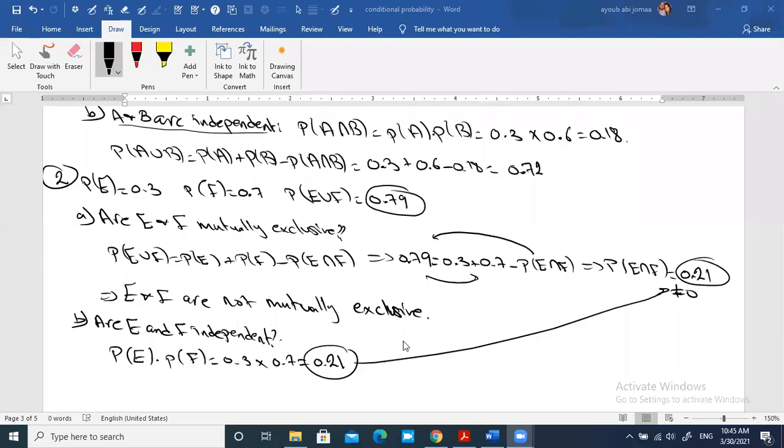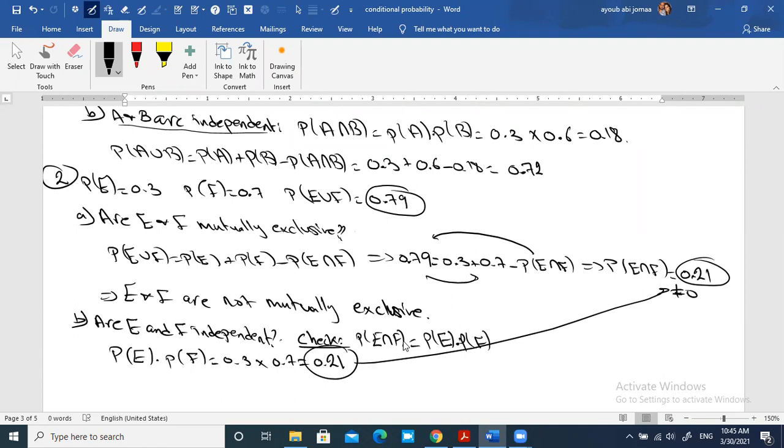So here, to determine whether E and F are independent or not, you have to check if the probability of E intersection F is equal to the probability of E times the probability of F. Probability of E intersection F, we found it at 0.21. The probability of E times the probability of F: multiply 0.3 by 0.7, it's 0.21.